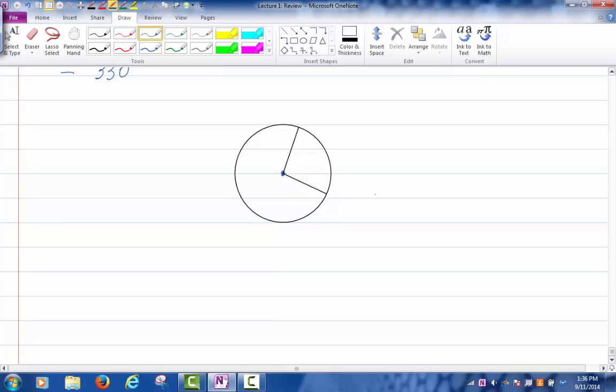I mean the region right here. Let's say the area of this region is denoted by A, so that's the sector of the circle. And let's say the measure of the central angle here is theta. So theta is the central angle here. Then what is the formula for the area of the sector?